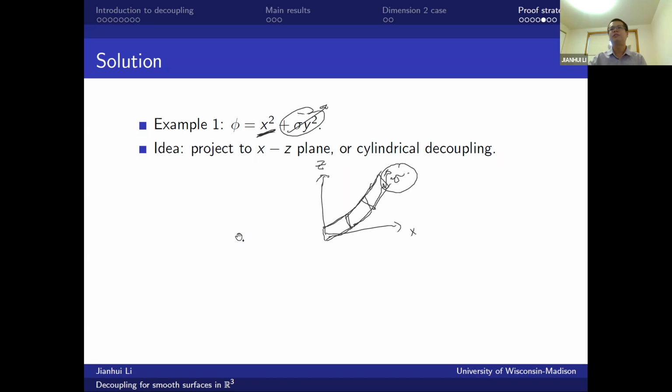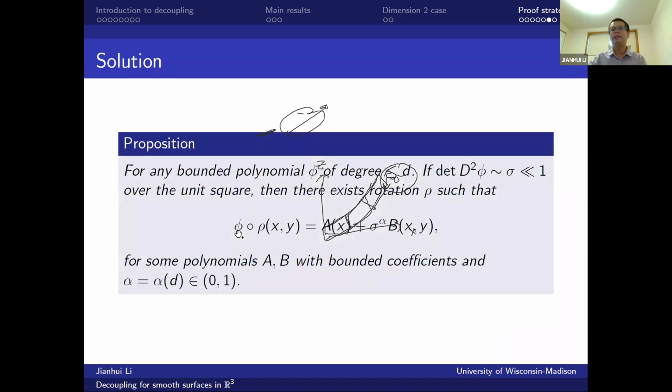In general, it is a lot harder. I just told you the simple case, but the strategy is like this. And why we can always do this is by this proposition. It tells you that whenever the Hessian determinant is small, there is always a direction you can project onto.